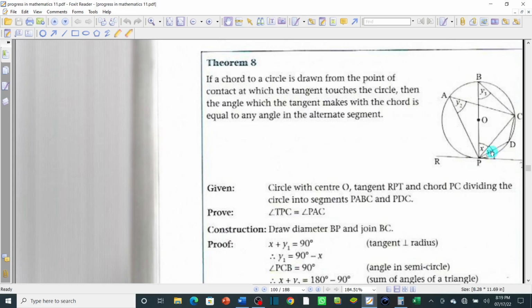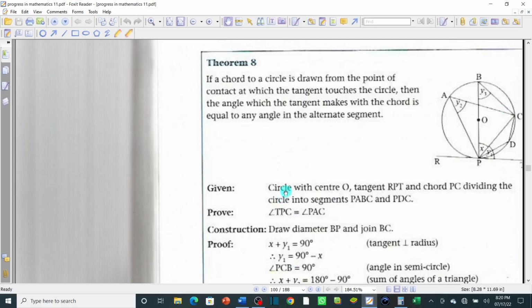So when you look at this one, here is a small segment, then the alternate segment is this one going here. So this angle is equal to this angle. Again, if you come on this side, you consider this angle here between the tangent and this chord; this angle is equal to this, though they haven't mentioned it. This is the property.